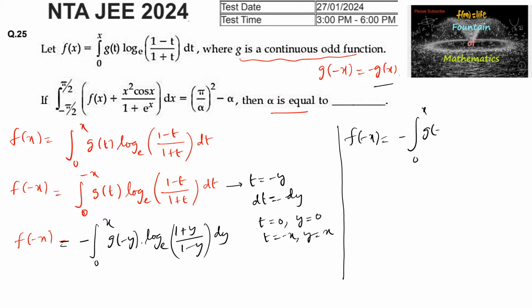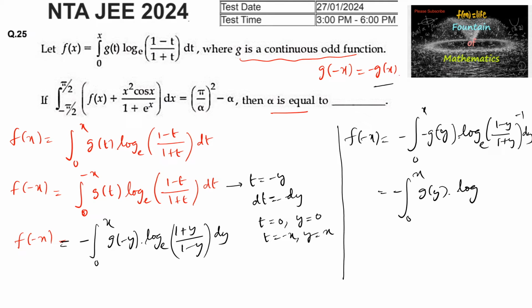So we can write it as minus g of y into log (1 plus y) upon (1 minus y). Also we can write it as log of (1 minus y) upon (1 plus y) to the power of minus 1 dy. Here, integral 0 to x of g(y), this minus 1 will come outside, log (1 minus y) upon (1 plus y) dy.